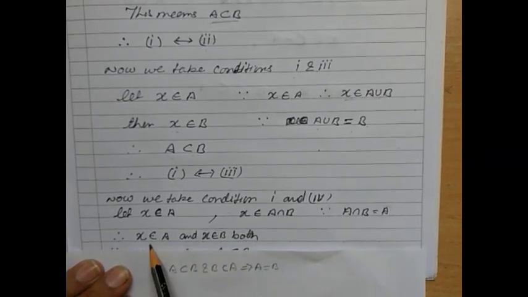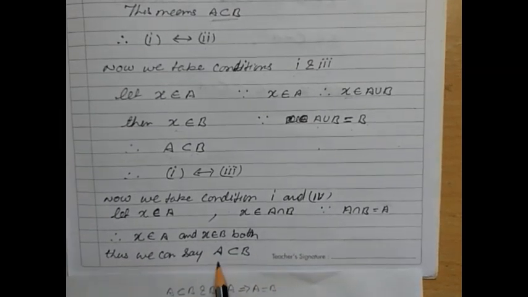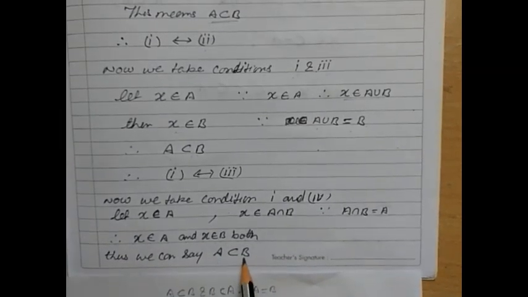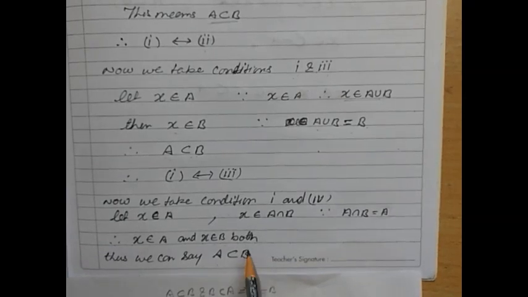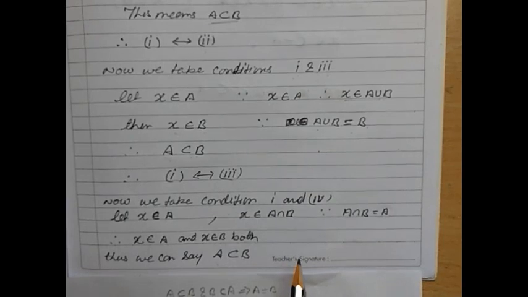It belongs to A as well as B. So when it belongs to them, you can say A is a subset of B. So this shows that all the four conditions are satisfied, that they are equivalent to each other.